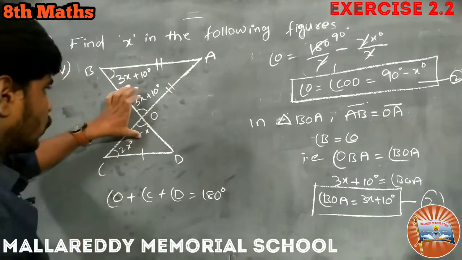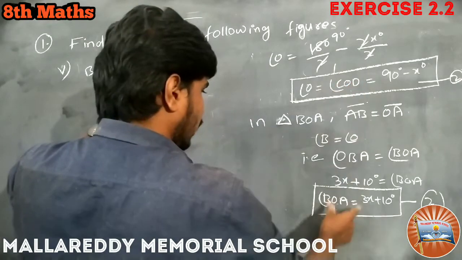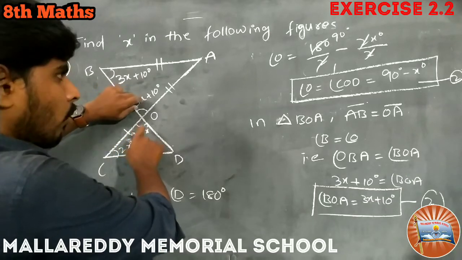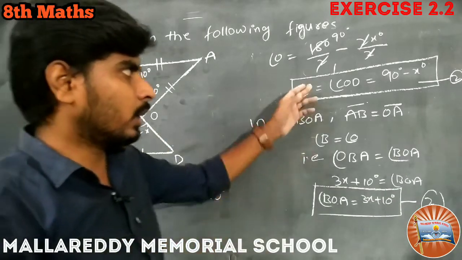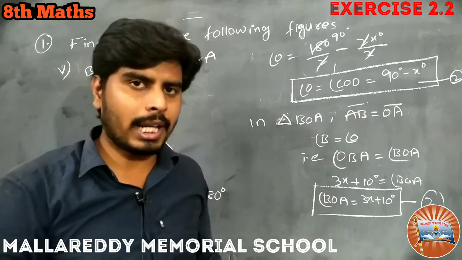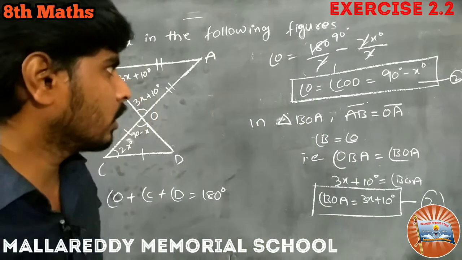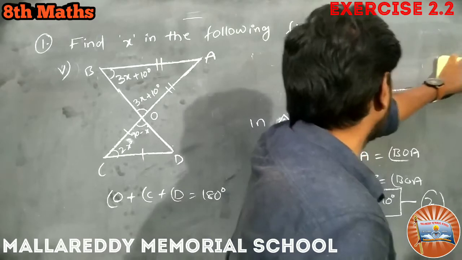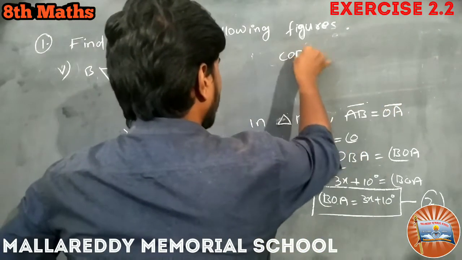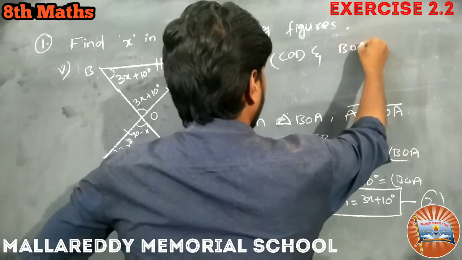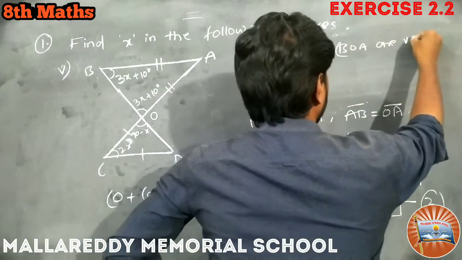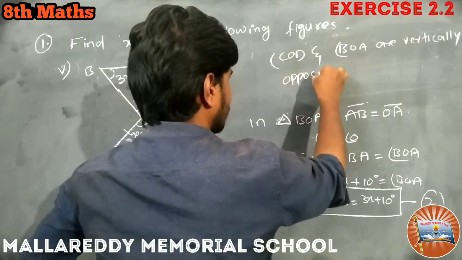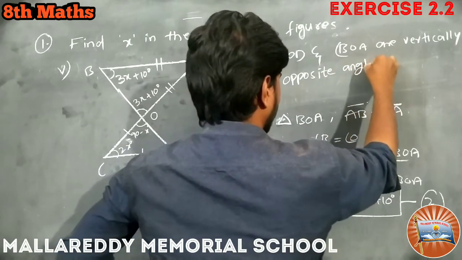Here these two angles, angle COD and angle BOA, are vertically opposite angles. It means the two angles are equal. The vertically opposite angles are always equal. So I am going to write that. Angle COD and angle BOA are vertically opposite angles.